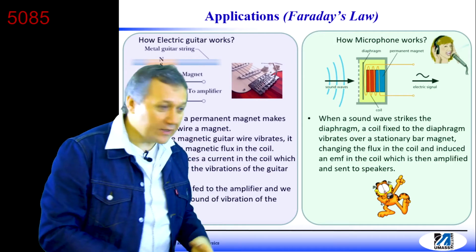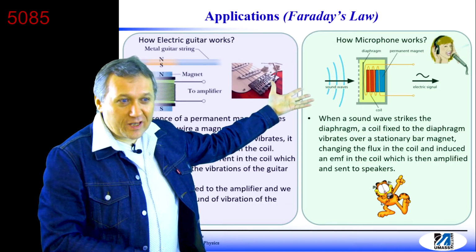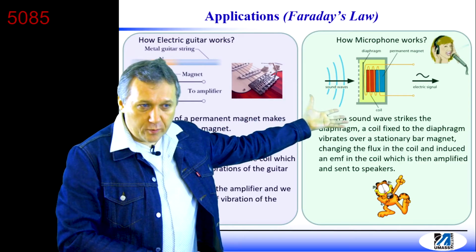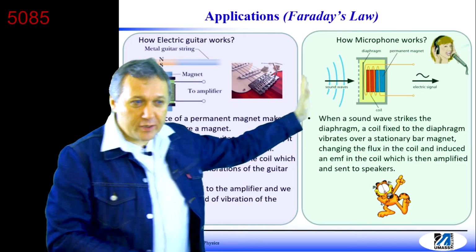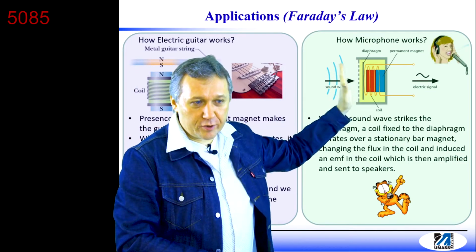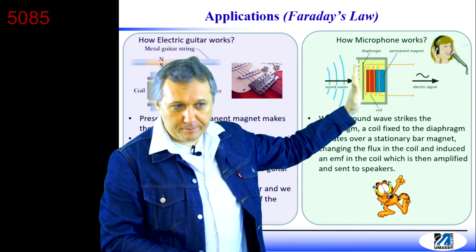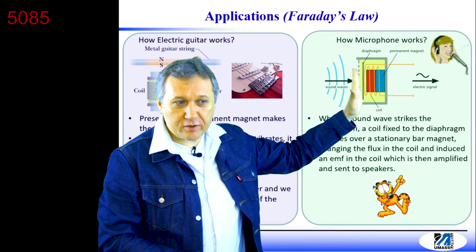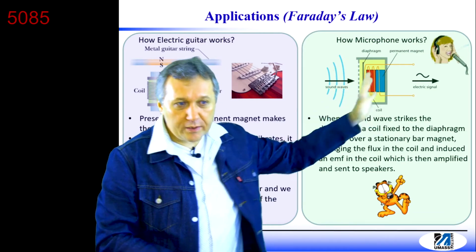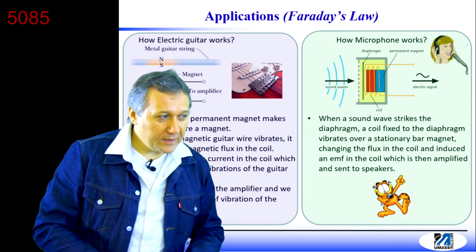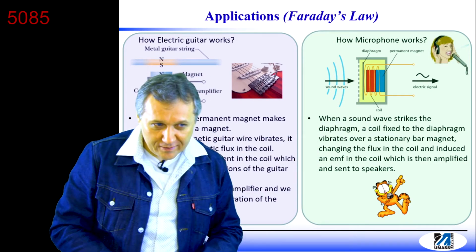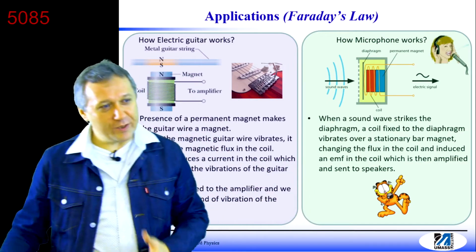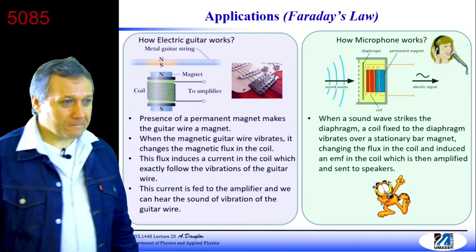So what happens in this process? A couple of transformations. First, information from the acoustic waves gets transformed into mechanical vibrations of this membrane, this diaphragm. Then those mechanical oscillations get transformed into oscillations of the induced current.